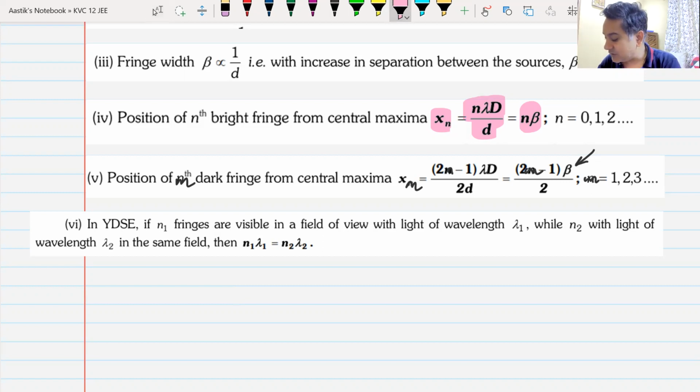That means n1 into lambda 1 will be equal to n2 into lambda 2. Do we understand what I'm saying here? So just note this down because this is a question that has come from one of the previous years. I'll give you a minute to note it down.